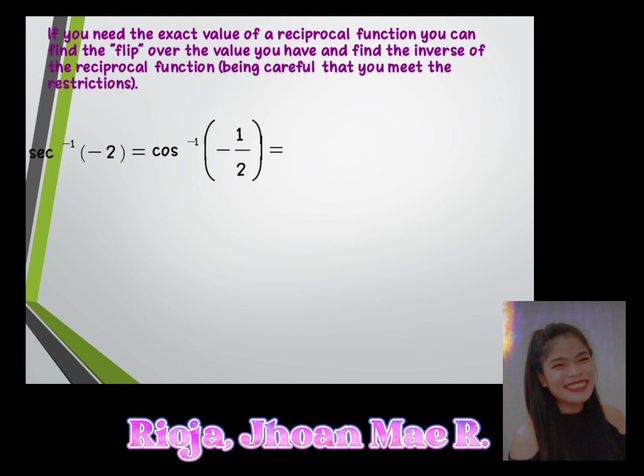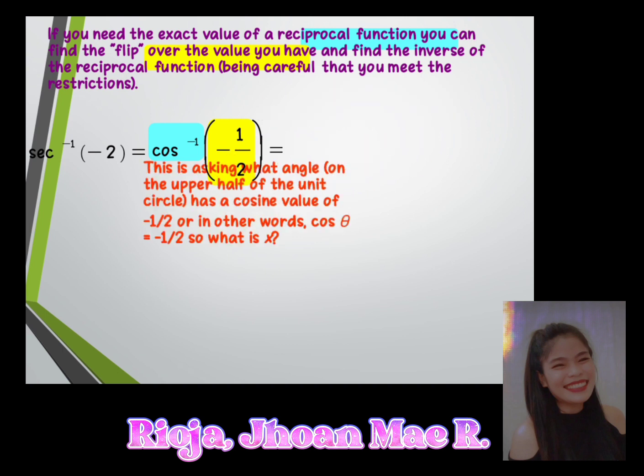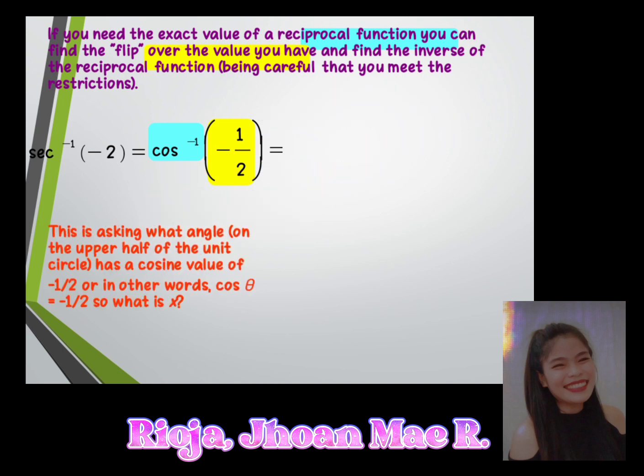So first we have to find the reciprocal function of the given value. This is asking what is the angle on the upper half of the unit circle if the cosine value is negative 1 half, or in other words, cosine theta equals negative 1 half.